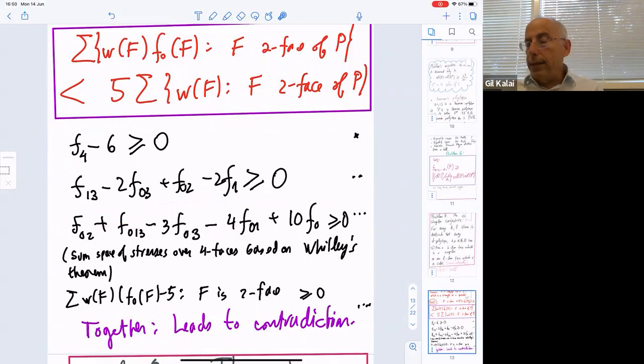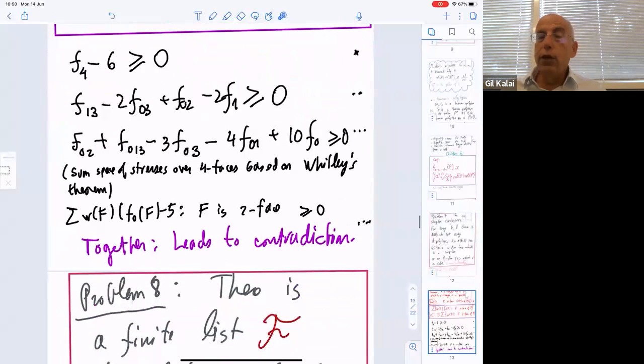And then when you consider together these four inequalities, you get that they are not feasible, so they contradict each other. The way it was proved was by running a simple linear programming program.